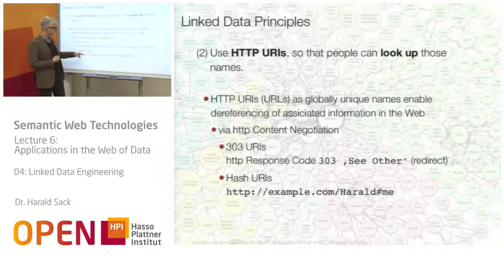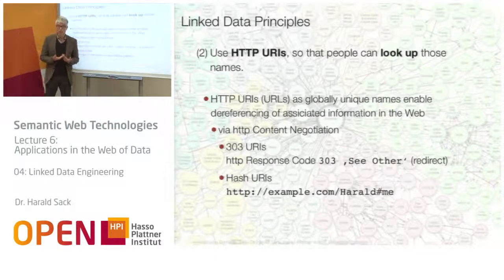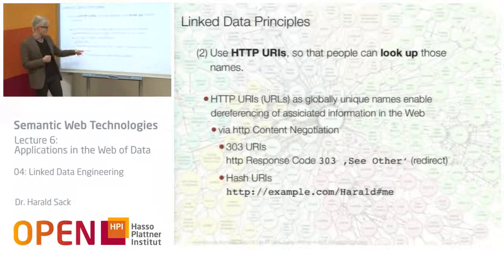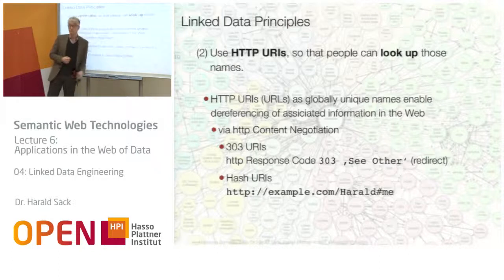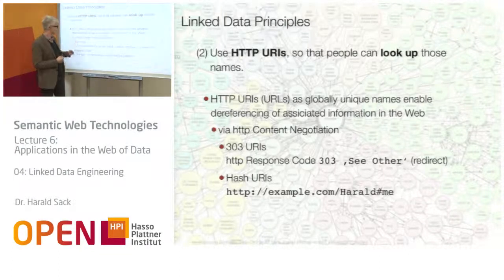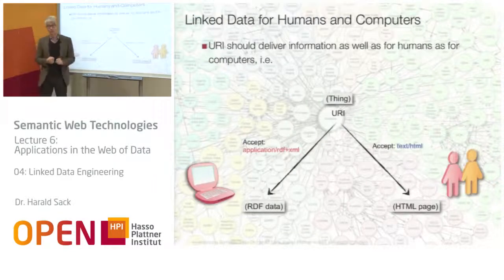On the other hand, we have already seen how I can distinguish between an information resource and an object that is identified within this information resource. You can do this with so-called hash URIs. For example, if this is information about me, then #me designates me as a person within this information resource.